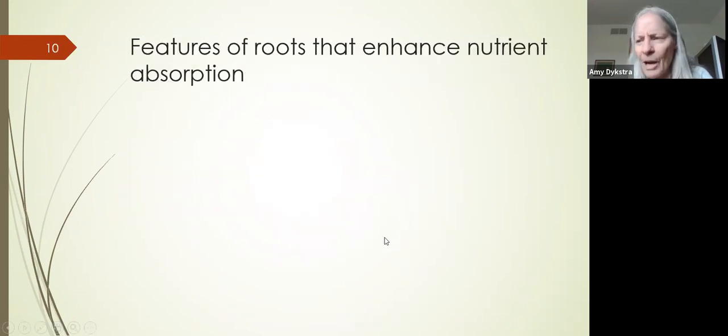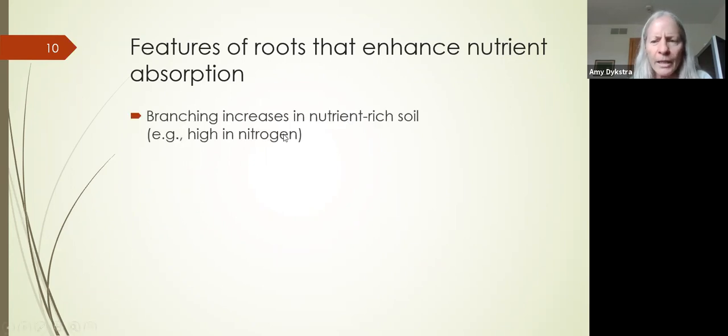Okay, so let's talk about some special adaptations of roots that enhance nutrient absorption. And some of you talked about this in your answers to me. So one is making lots of branches. And plants don't always make lots of branches with their roots.